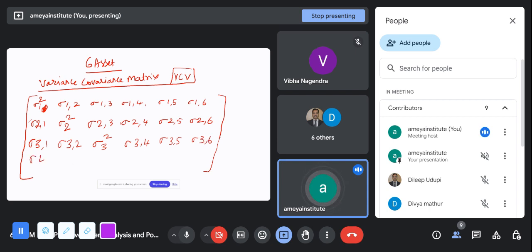What will be the fourth one? The fourth asset with the first: 4 comma 1. Then the standard deviation of 4 comma 2, then 4 comma 3, then 4 comma 4. But 4 comma 4 means I can write the square of this.